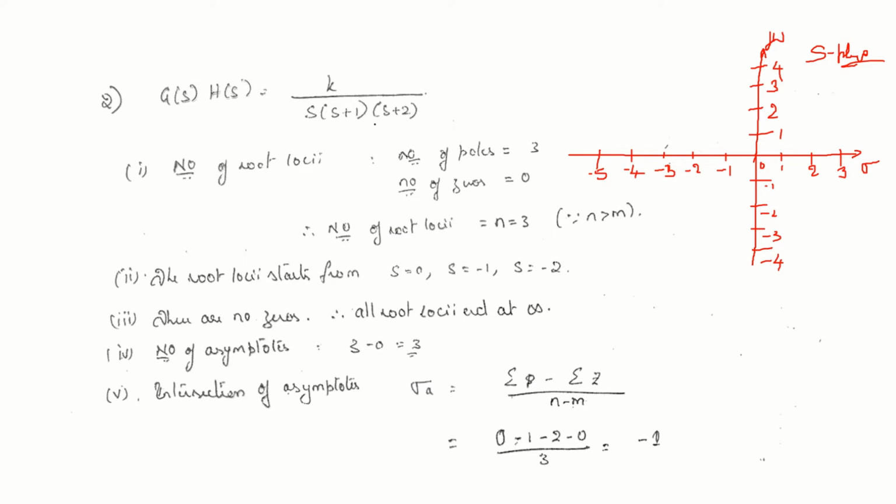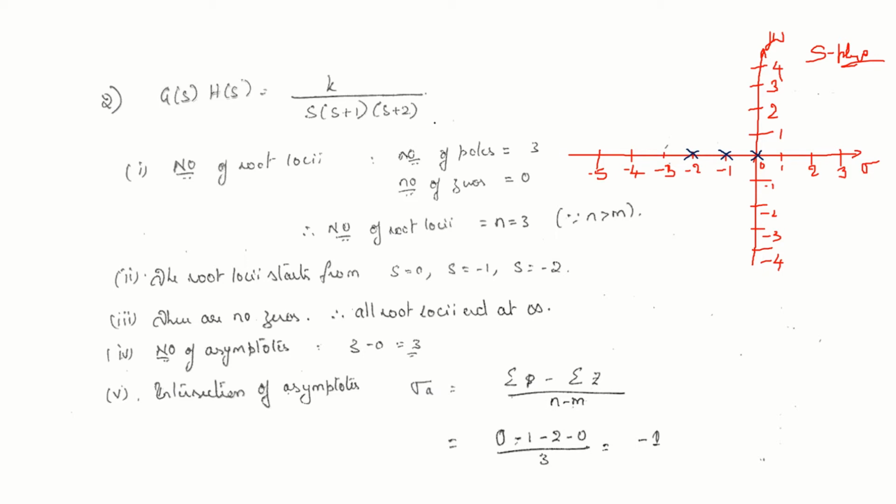Next, there are 3 poles and no zeros, so 3 root loci will be there. The root loci start from the respective poles. One pole is at S equal to 0, one pole is at S equal to minus 1, one pole is at S equal to minus 2.